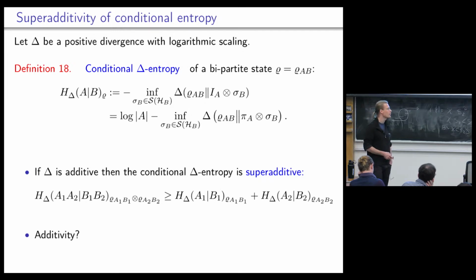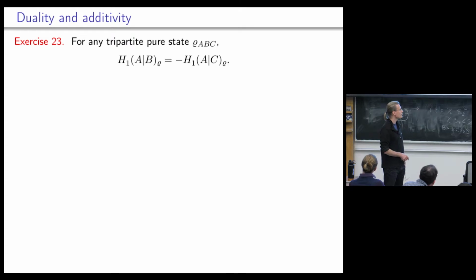Okay, this is super additivity. And the question is, how do we prove additivity? And to prove it, we will prove additivity from a very interesting and very beautiful concept called duality of conditional entropy. Okay.